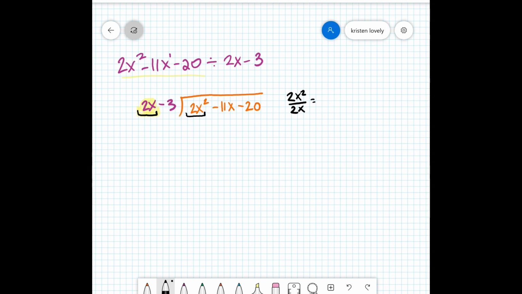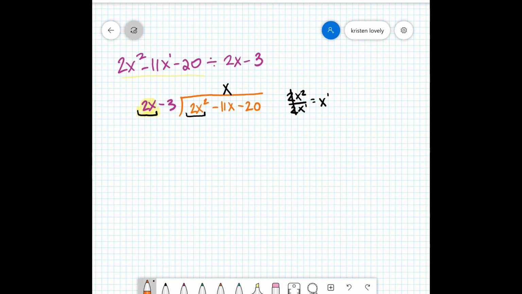I'm going to use my exponent rules here. I divide my coefficients, they cancel out, and x squared divided by x to the first is x. Again, I'm using the exponent properties, which tell me to keep my base and subtract my exponents. So this is really x to the first power, which means when I go to rewrite it, I'm looking for my other term inside the divisor that is x to the first. That would be here, so I'm going to write my x right above that.